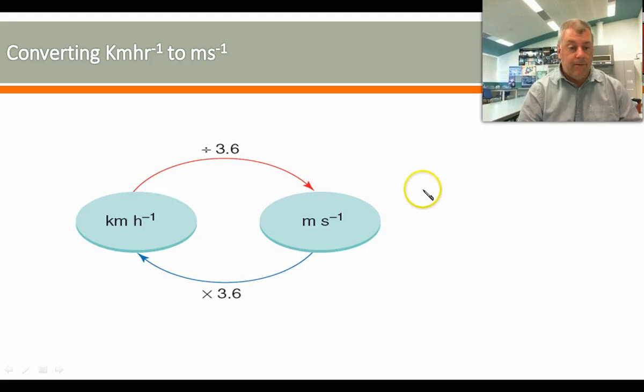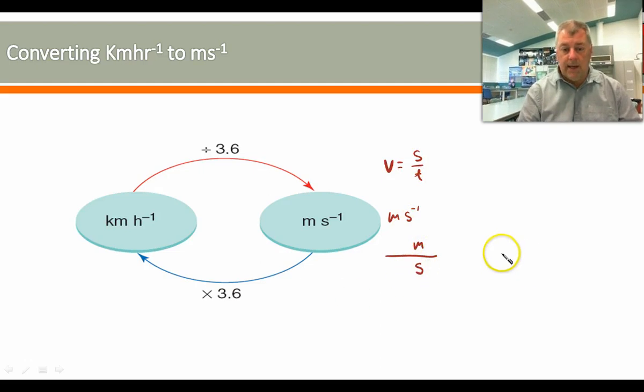So let's do it. If, for example, we have something in meters per second, remembering that the velocity formula is v equals s on t. So if we have it in meters per second to the minus 1, what we're effectively saying is we've got meters, because we've got our displacement in meters, and we've got our time in seconds.